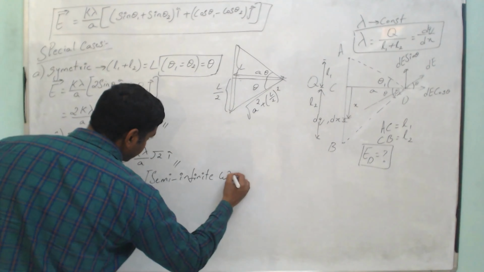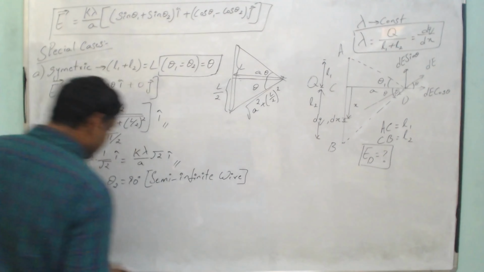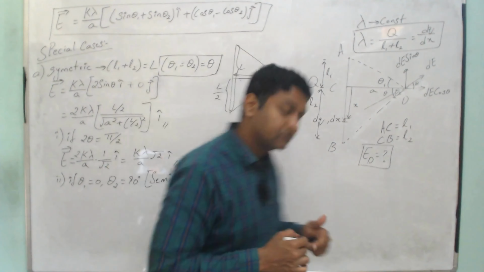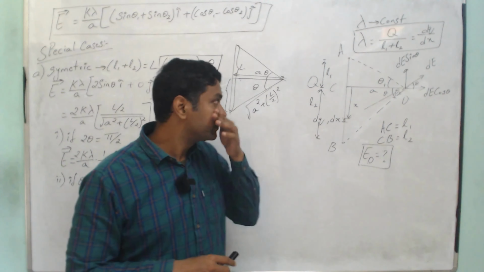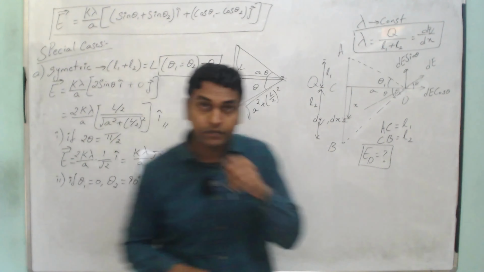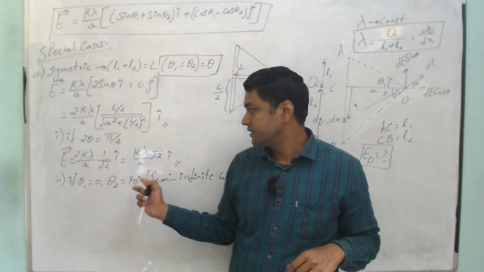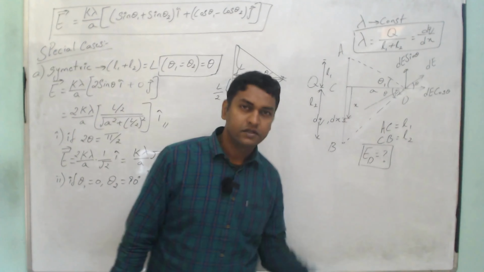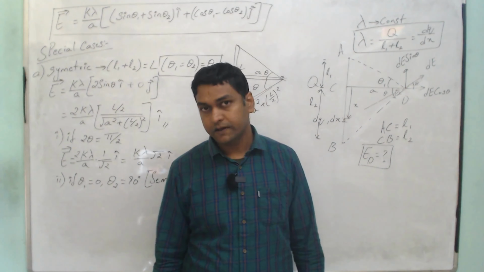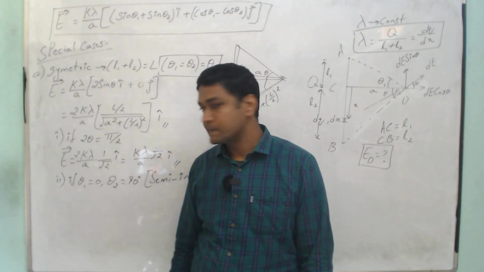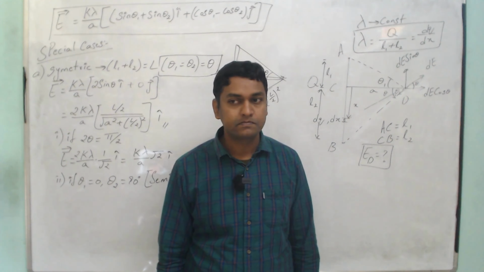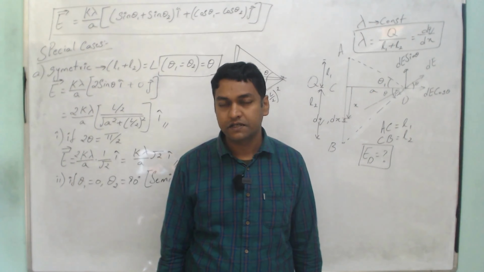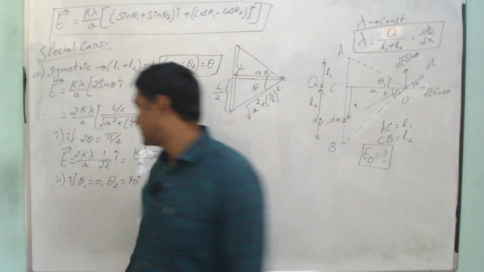Semi-infinite wire, it is having a fixed theta. Theta 2 will eventually become 90 degrees for one semi-infinite wire. Is this clear?